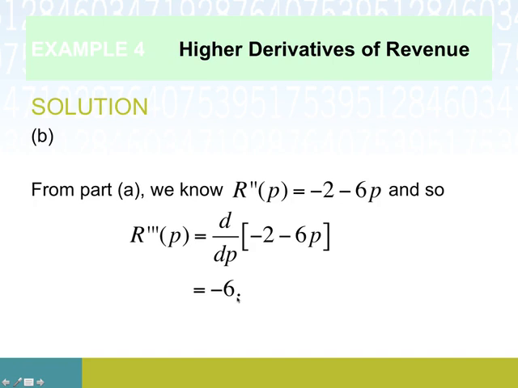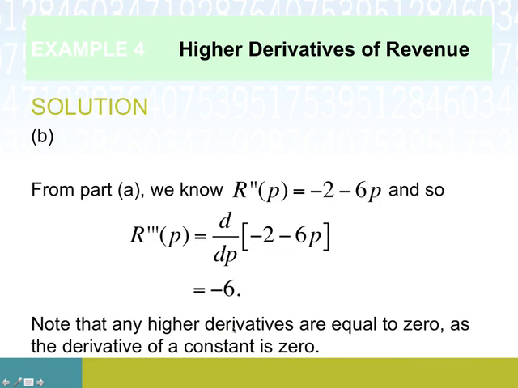And that's all we really needed to answer this question. But one final note: if we wanted to compute a higher derivative, like the fourth derivative, then no matter what we were looking at beyond 3, the fourth derivative, fifth derivative, sixth derivative, these would all be 0.